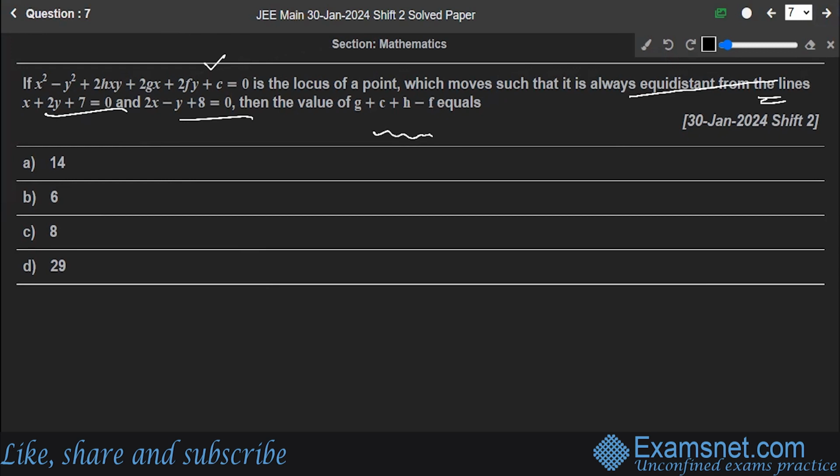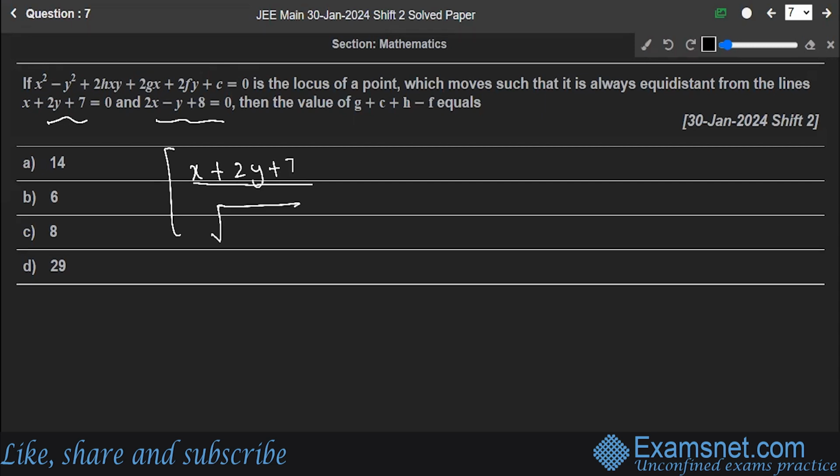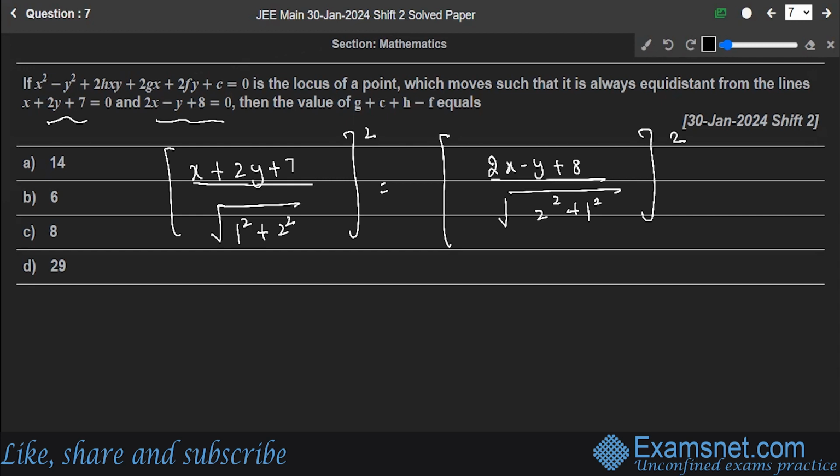Okay, so let's see. First of all, the locus of the point which moves equidistant from these two given equations of the lines is given by (x plus 2y plus 7) divided by the root of 1 square plus 2 square, whole square, is equal to (2x minus y plus 8) divided by the root of 2 square plus 1 square, whole square.